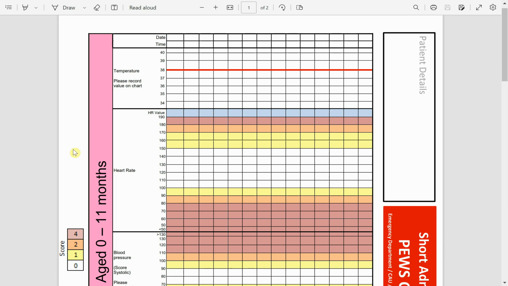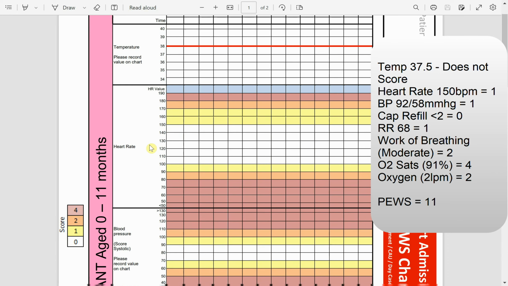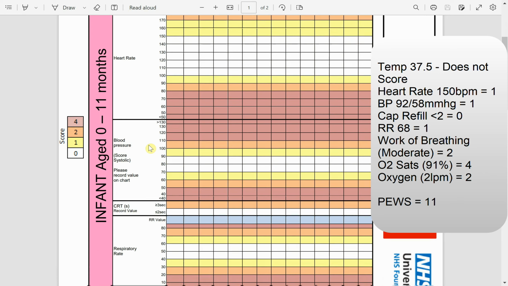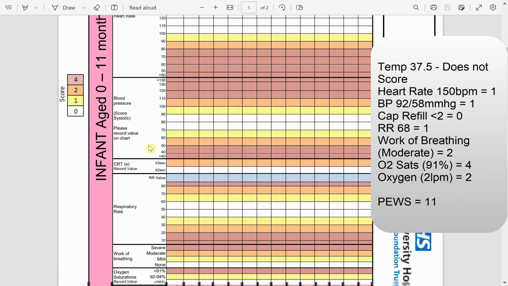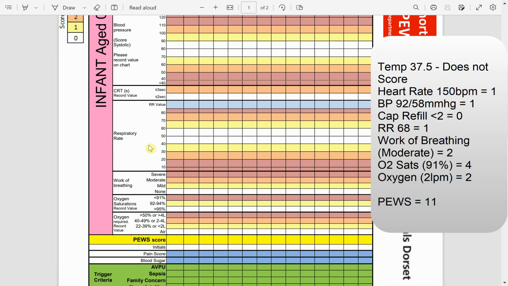So let's go back through our chart and add up our score. Let's start at temperature. That doesn't count. Moving on to heart rate, that has scored us a 1. Blood pressure, our systolic, has scored us a 1. Cap refill was less than 2, so that's a 0. Respiratory rate was 68, which scored us a 1.